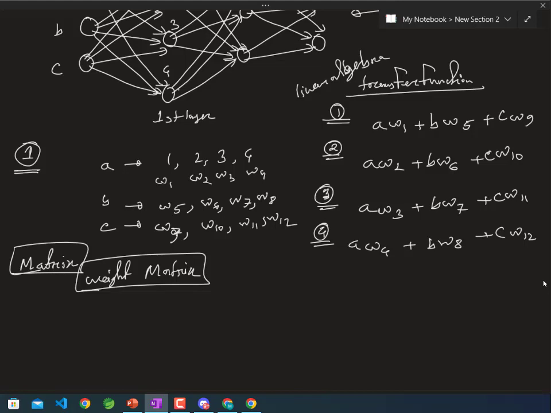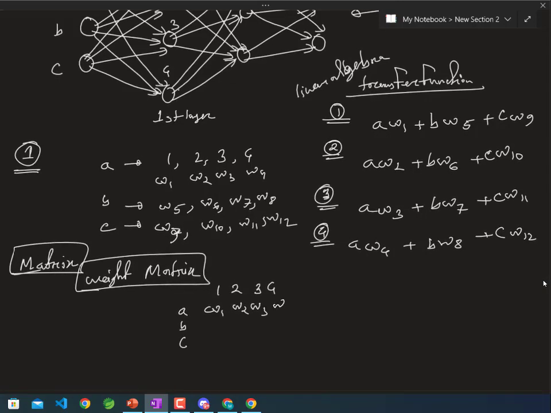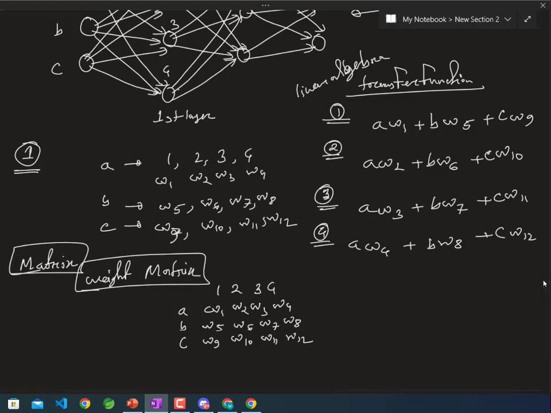We can write it as W1, W2, W3, W4, W5, W6, W7, W8, W9, W10, W11, W12. This is a weight matrix of the graph, where A, B, C are the inputs and 1, 2, 3, 4 are the next layer neurons. So this is a 3 by 4 matrix.